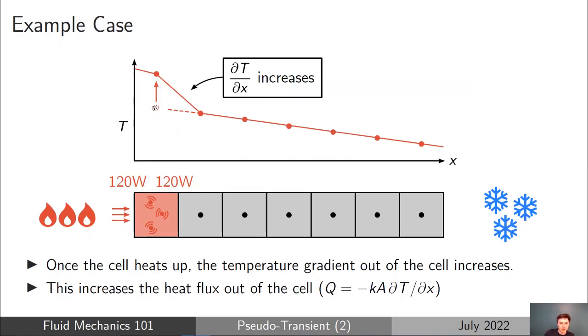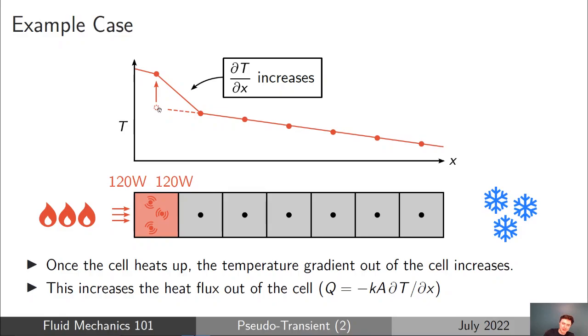And of course, as that temperature increases, the temperature gradient between the centroid and the next cell is going to increase. So you can see here that this gradient has now gone up. And as the gradient goes up, the heat flux, which is kA dT/dx, which we saw before, out of the right end of this cell is also going to increase.